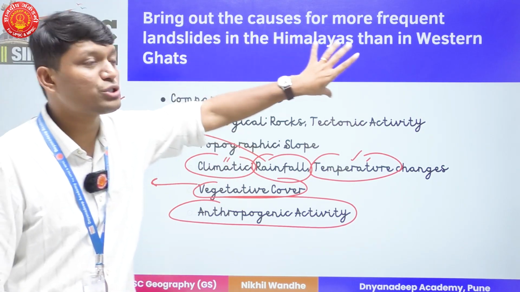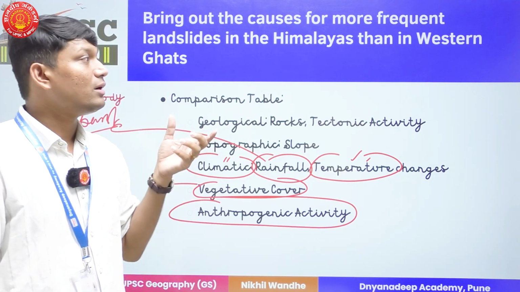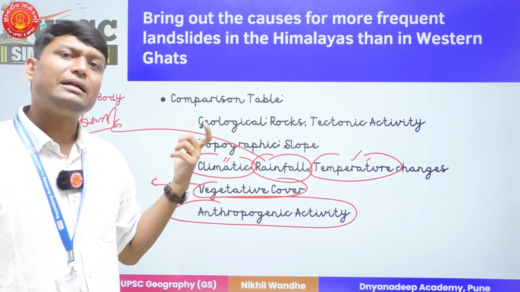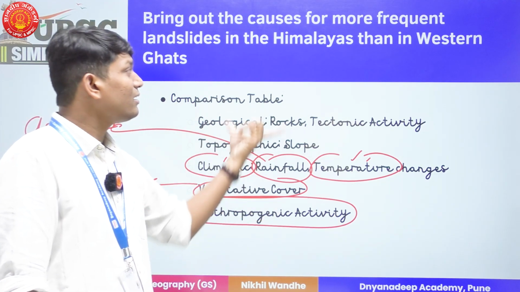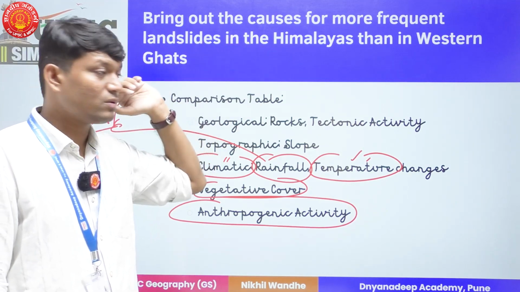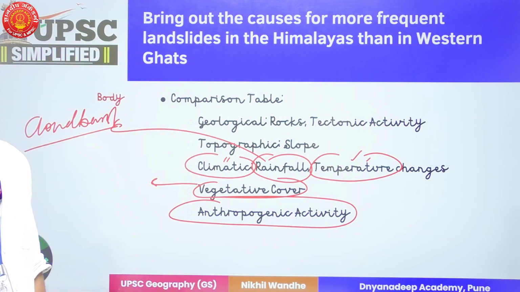There is anthropogenic activity in Western Ghats, no doubt about it, but if you look, the intensity is far less. It's very, very high in the regions of Himalaya, and that is why these particular regions have become unstable.